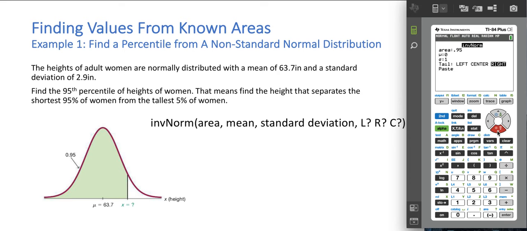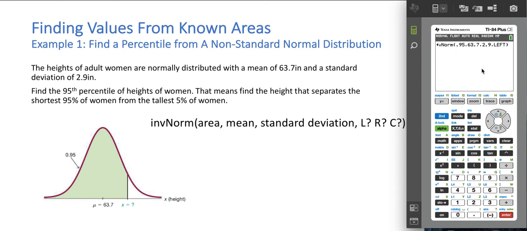The mean in this problem, remember what that is, 63.7. And the standard deviation is 2.9. Now, we want the area to the left. So I'm going to tell the calculator to find the area to the left. And I'm going to paste that in.